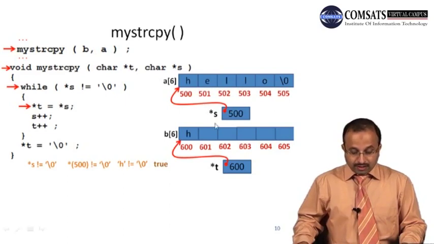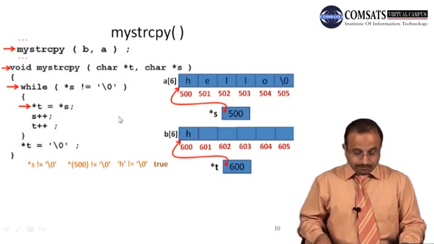That position is *t. The value of t is 600, and the value of s is 500. What is the value of *s? That is H. So H will be written at the *t position, and *t is this position.